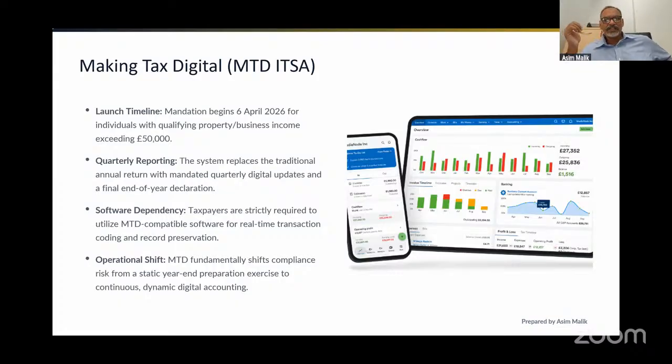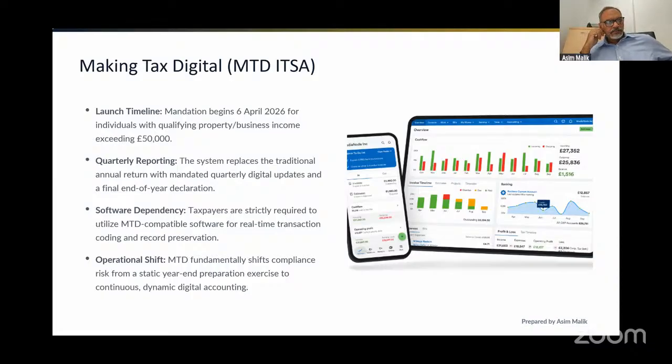Certain banks are also offering software free of charge if you bank with them. For example, Barclays, Tide and Starling Bank are offering it. It's not technically free, but it's covered within the bank charges.